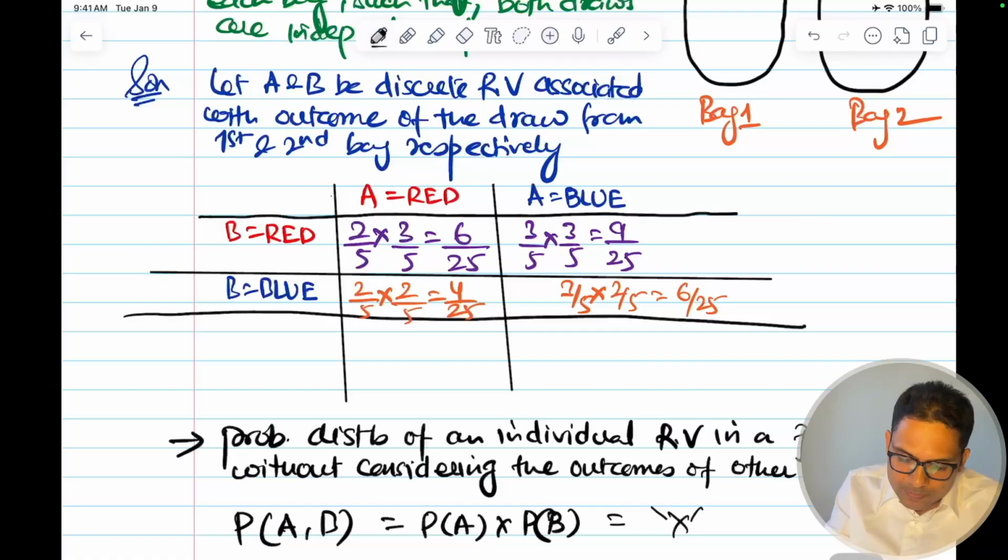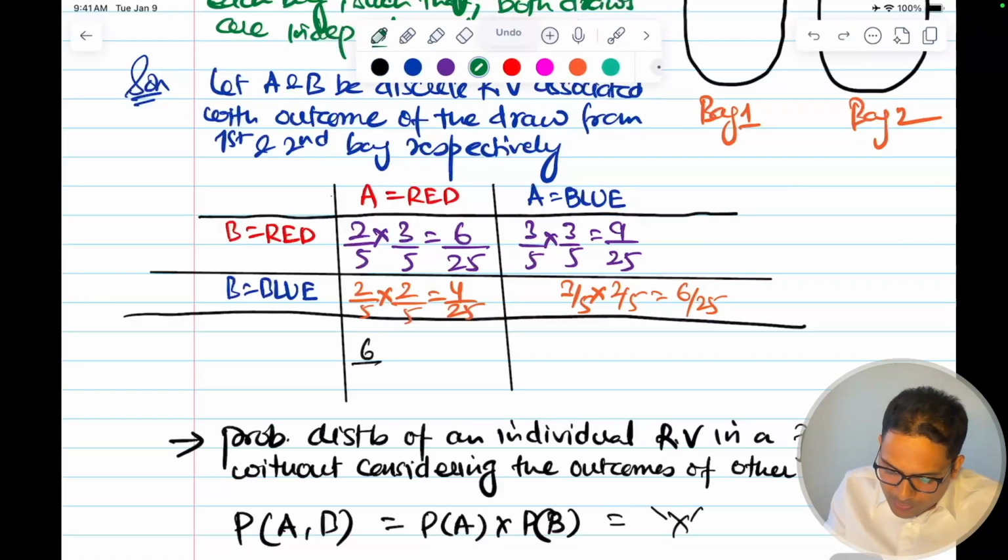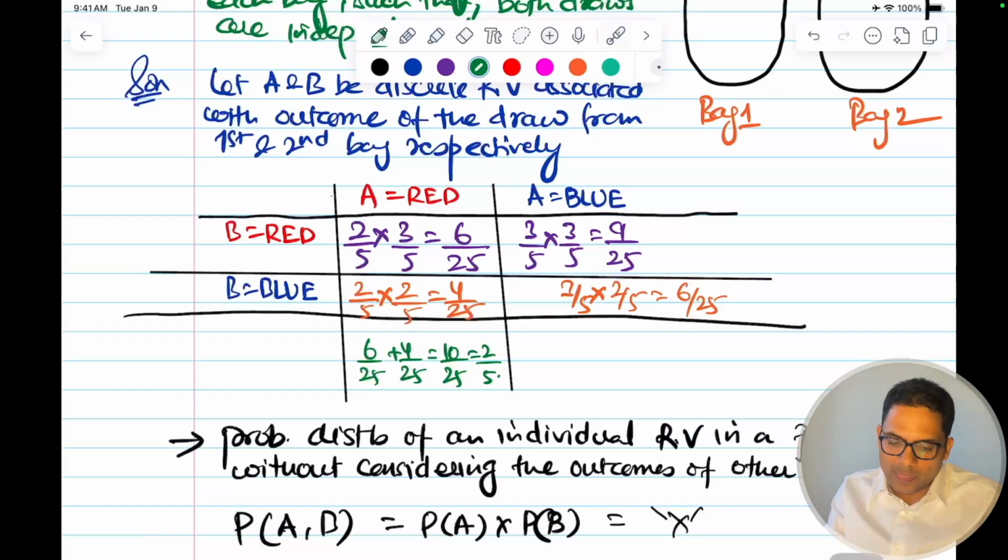Let me use a different color. For example, this is 6 by 25 plus 4 by 25. This is equal to 10 by 25 or 2 by 5. Can I say this is the probability of A, 2 by 5?